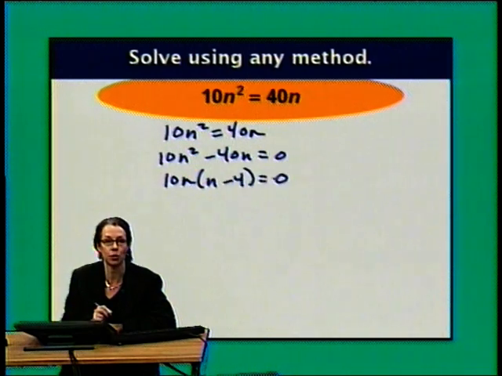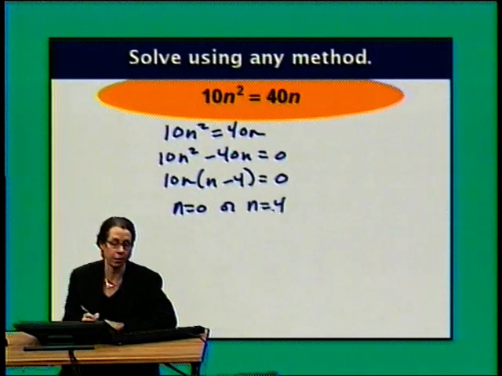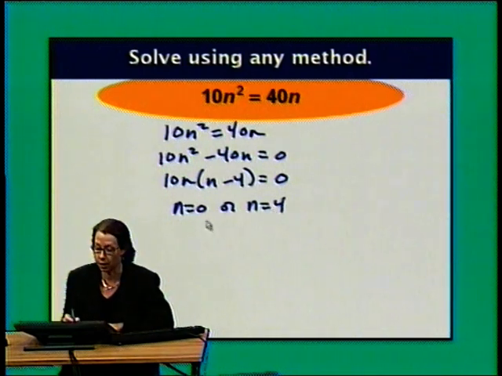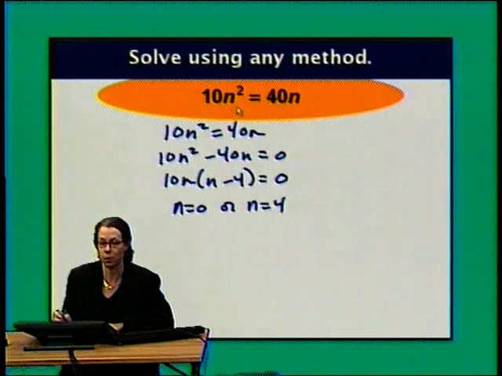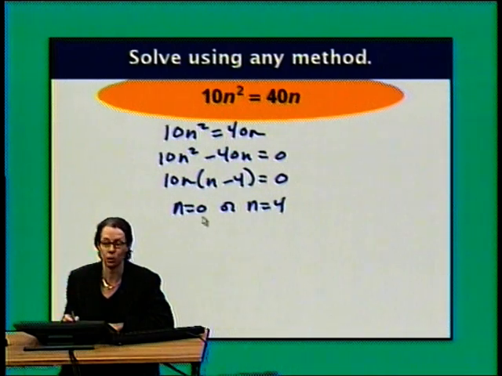So now I see there are two possible solutions, n equals 0 or n equals 4. Let's do a check. Here, the check is so quick, I'm just going to do it in my head. When n equals 0, the left-hand side evaluates to 0. When n equals 0, the right-hand side also evaluates to 0. So clearly, 0 is a solution. How about when n equals 4?